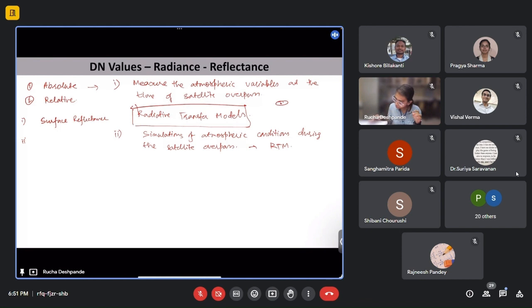So another method is based on image-based atmospheric correction.